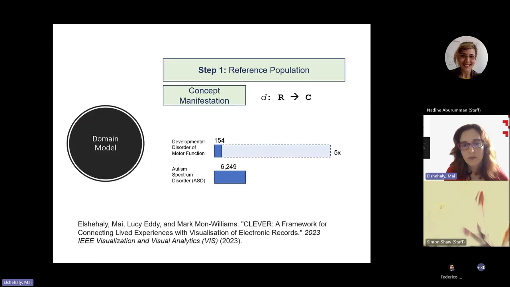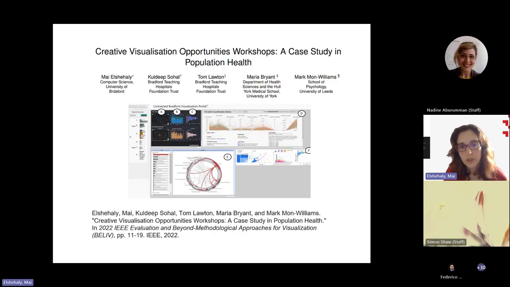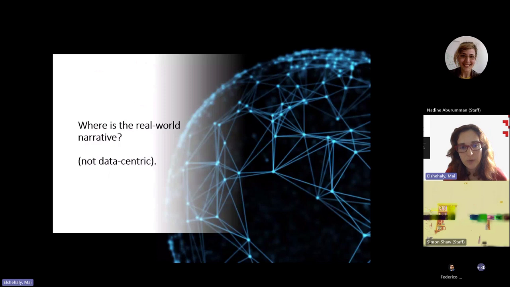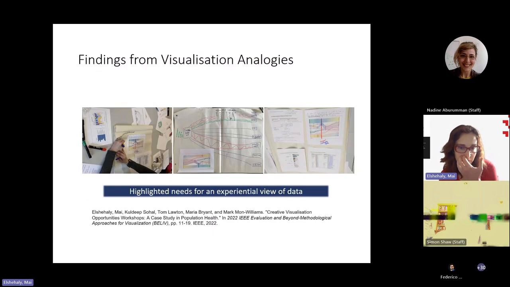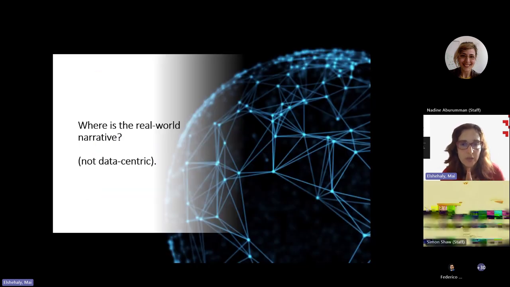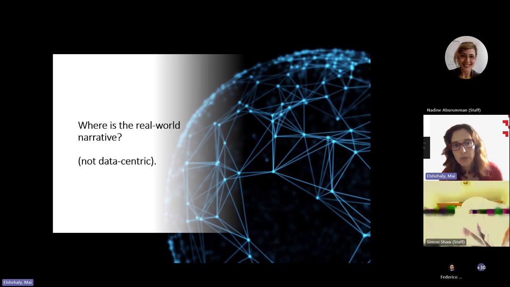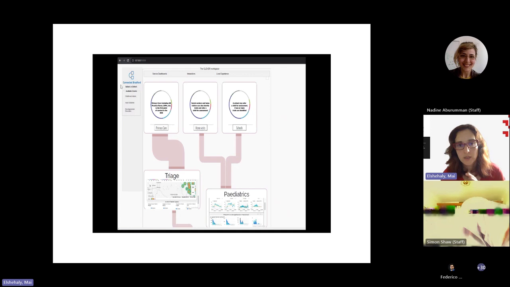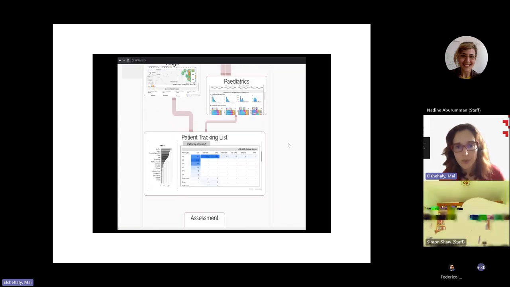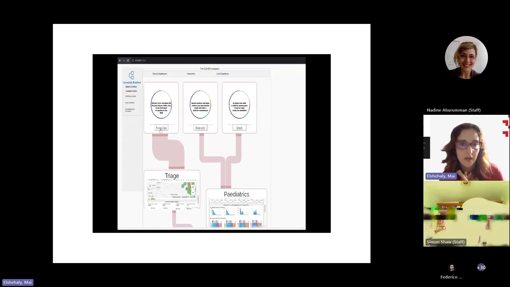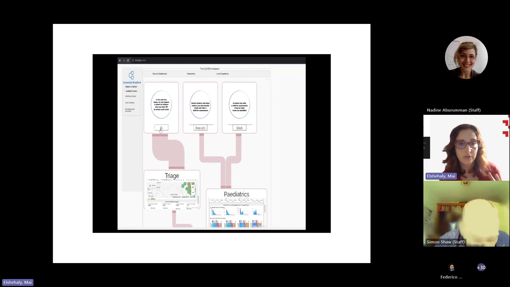Whereas in our approach, which now we call the CLEVER approach, standing for connecting lived experience with visualization of electronic records, the key question we're asking is, where is the real world narrative, which is not data-centric? And so we started developing this early prototype that really is about the narrative.